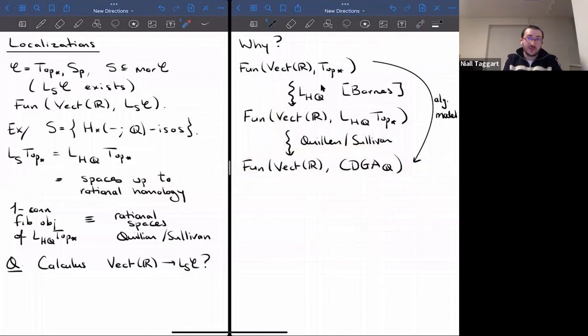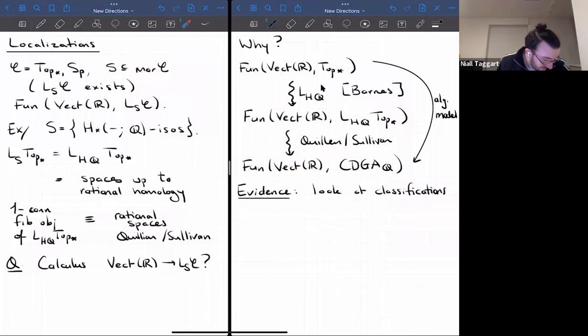So there is some evidence as to why something like this should be true. And for the evidence, you just look at the classifications. So what I mean by this is that in the standard orthogonal calculus, homogeneous functors are classified by spectra with an action of O(m).